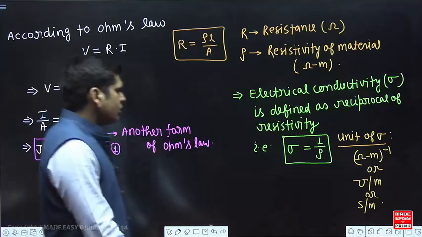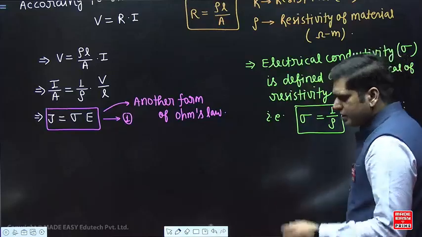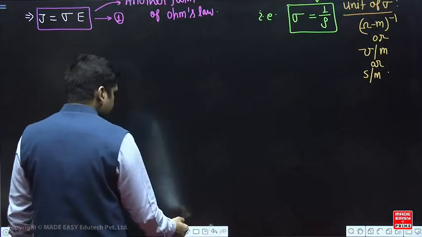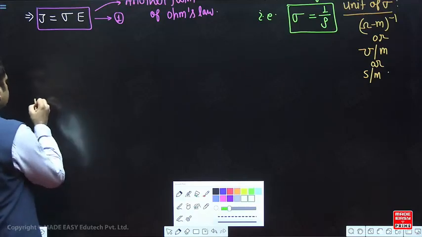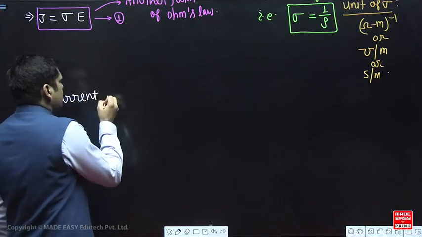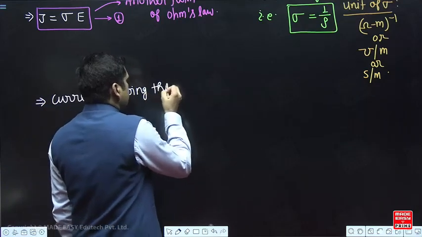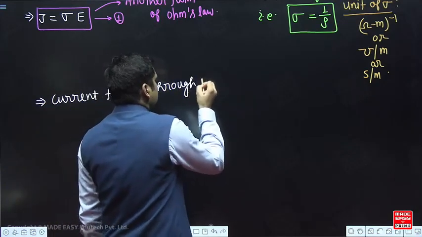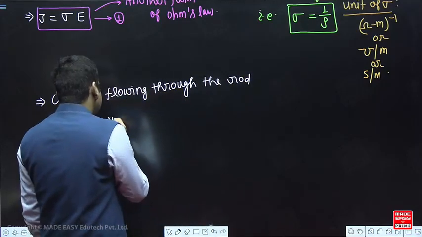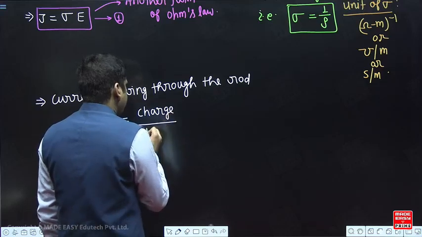Good. Now you see, current can be calculated from the general definition also. What is that general definition? Current flowing through the rod, I is equal to charge per unit time.